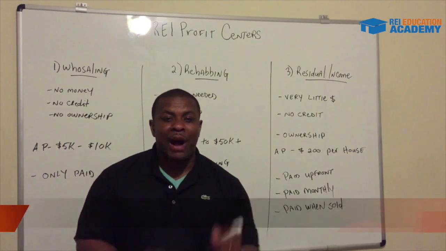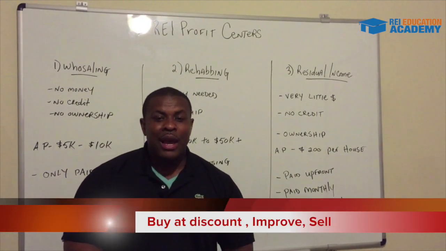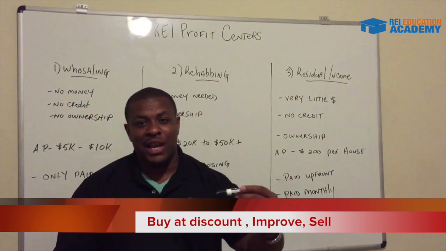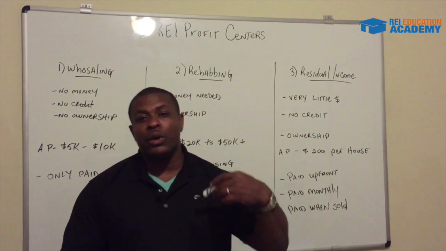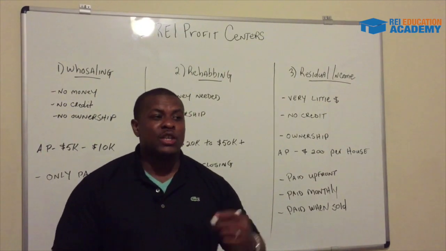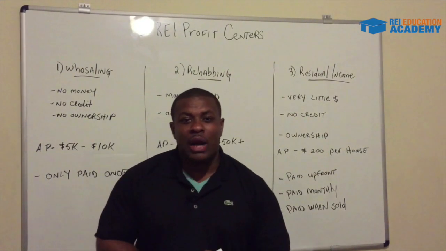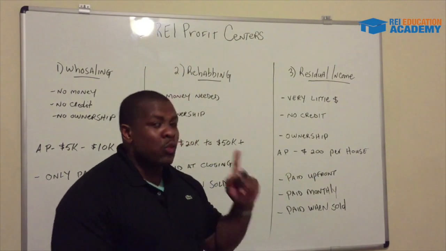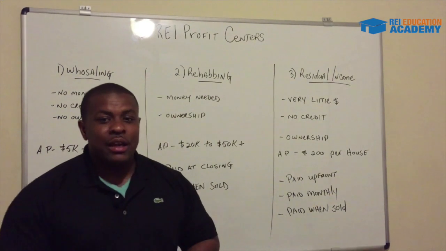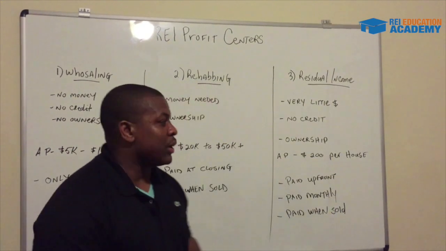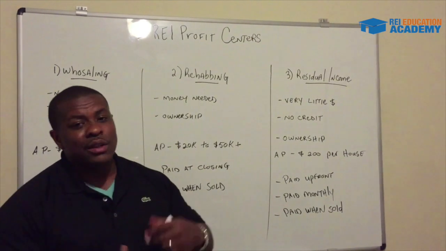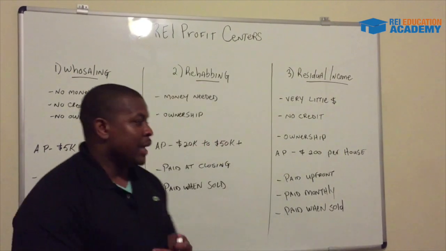And that's basically buying the property at a discount, putting a little bit of work into it, and then selling it at a discount to a landlord or to an end buyer who was happy to take the equity in exchange for going in and finishing the project up. Okay, so that's one way to make money when it comes to rehabbing real estate. And using that method, you're somewhere in the neighborhood as far as profit potential of $10,000 to $20,000 in profit.